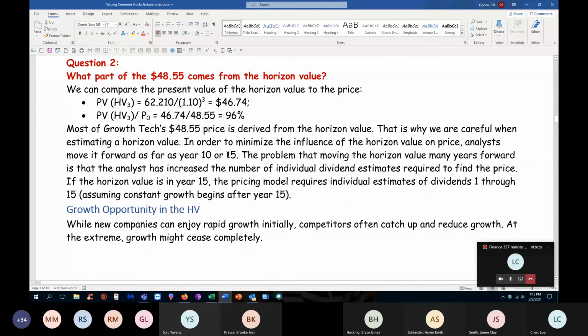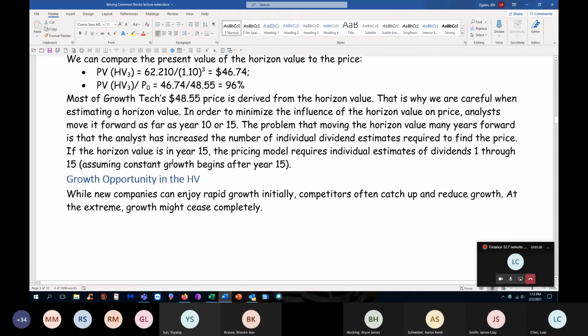You see, and then you assume that either after year 10 or after year 15, the constant growth begins. Right? So that horizon value has a much smaller impact on your price, and that's one way to mitigate the effect of having it so close. All right. So anyway, let's continue.